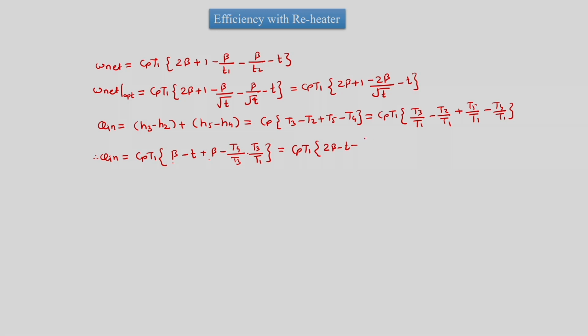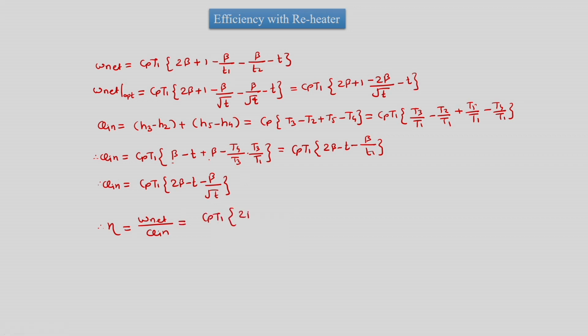So we have this as beta upon T1, but we can replace it with optimum case. So for optimum case, Q in is equal to Cp T1 twice beta minus T minus beta upon square root of T.